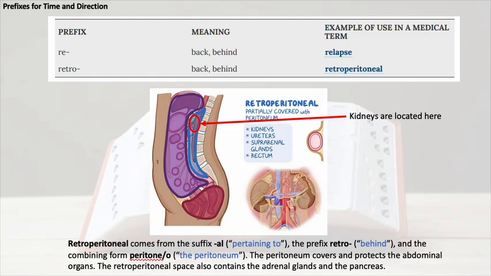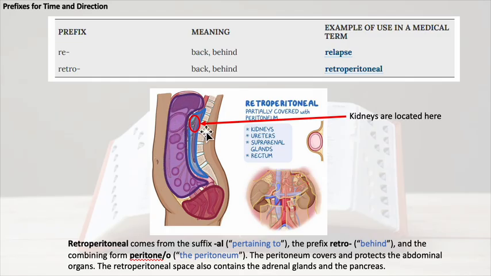Now, in this image here, we can see that certain organs are considered retroperitoneal because they are behind the peritoneum, which is this covering of these abdominal organs. So located behind the peritoneum, this would include organs that sit behind this lining rather than inside the main abdominal cavity.